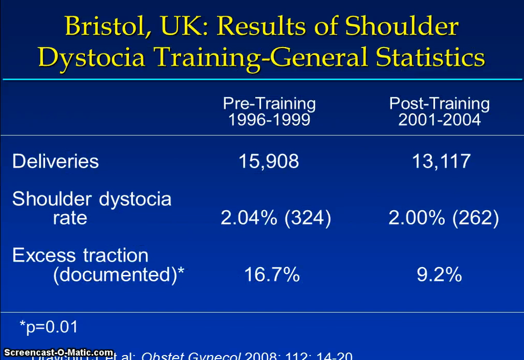The number of deliveries pre-training were somewhat higher than post-training. The rates of shoulder dystocia, however, were the same. Interestingly enough, they documented in almost 17% of shoulder dystocia cases excessive traction in the pre-training period, and in about 9% in the post-training period, which is, I think, somewhat interesting.